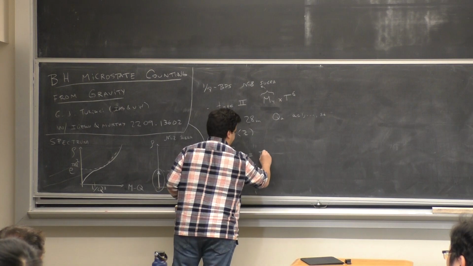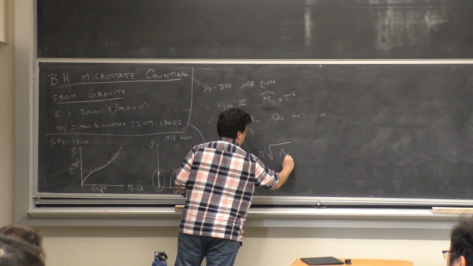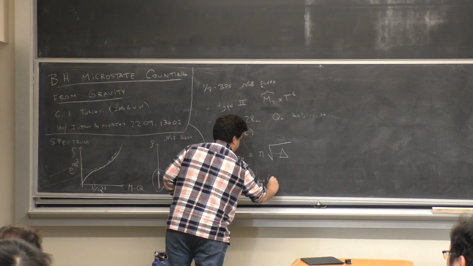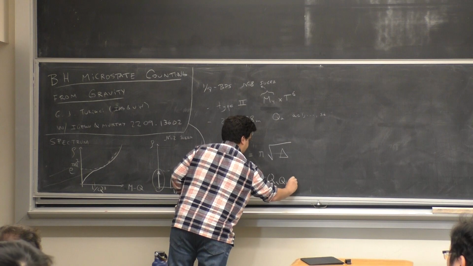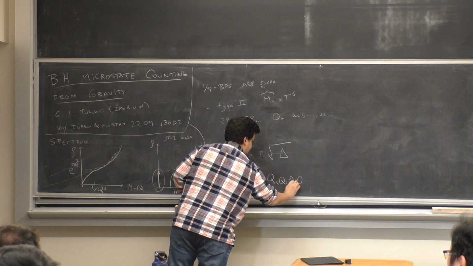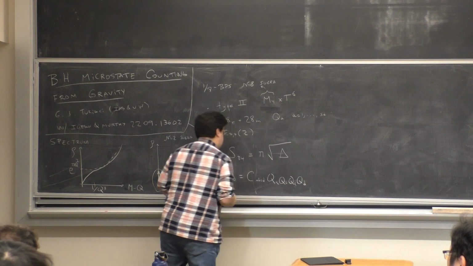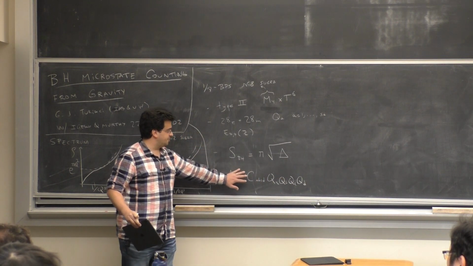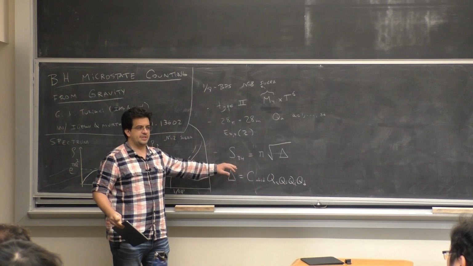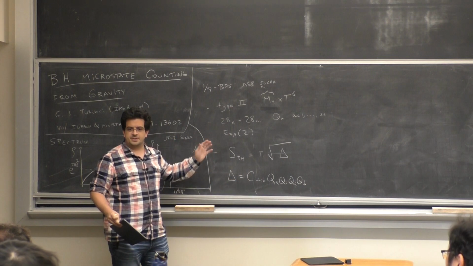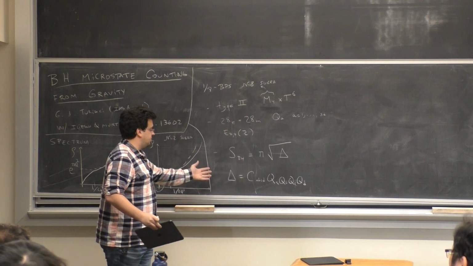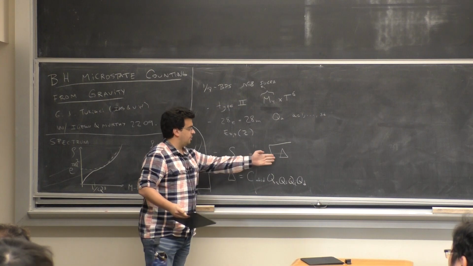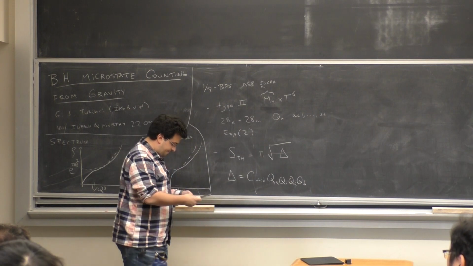For the black holes in this theory, it is given by this formula, where delta is something that is quadratic in the charges. I'm not going to tell you what these coefficients are, but there is a unique choice that is consistent with this E7(7) symmetry. So delta is a known invariant under this duality group, and the entropy depends only on this quantity delta.